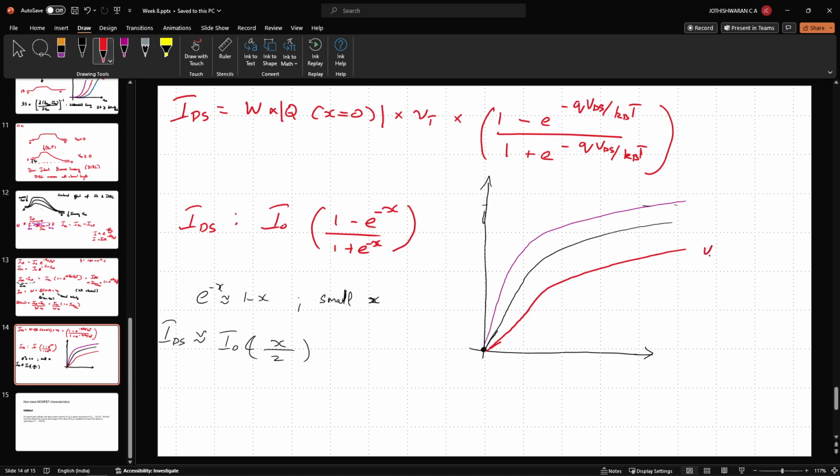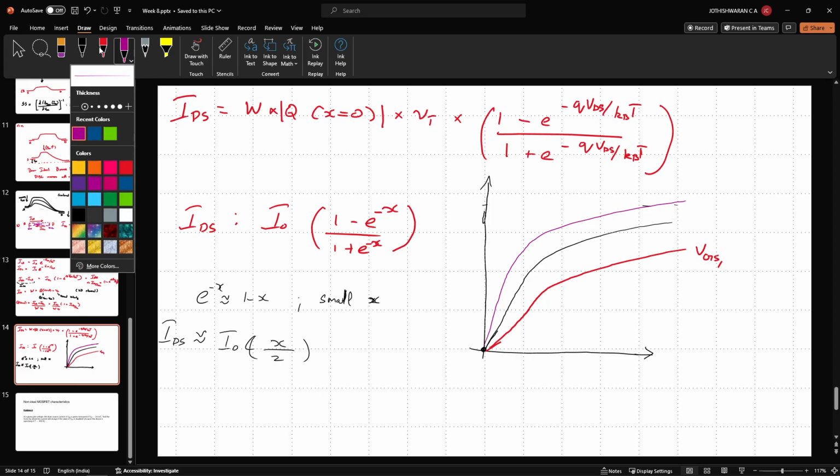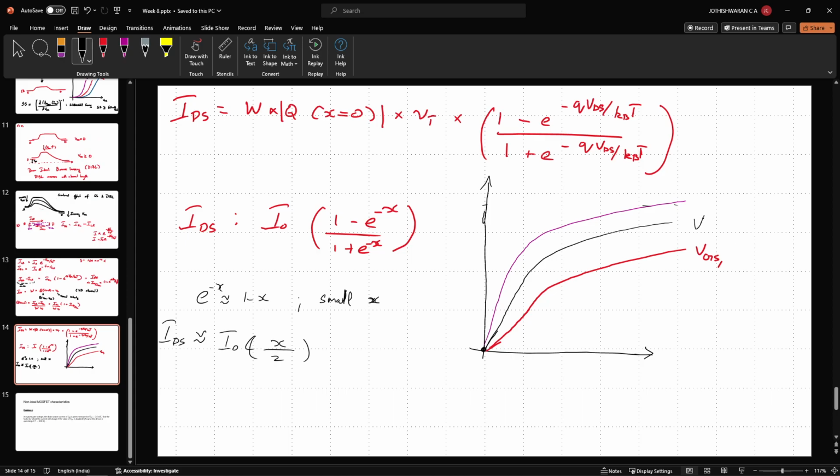So this will be VGS1, sorry, not VDS1. This is going to be VGS2. This one is going to be VGS3. And let me just extend this axis.